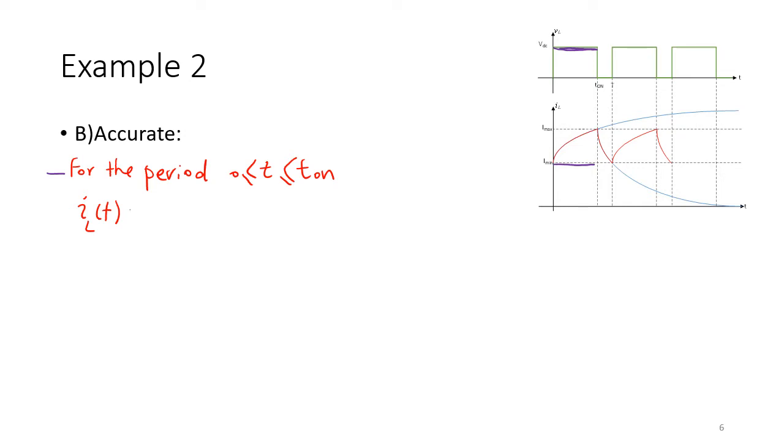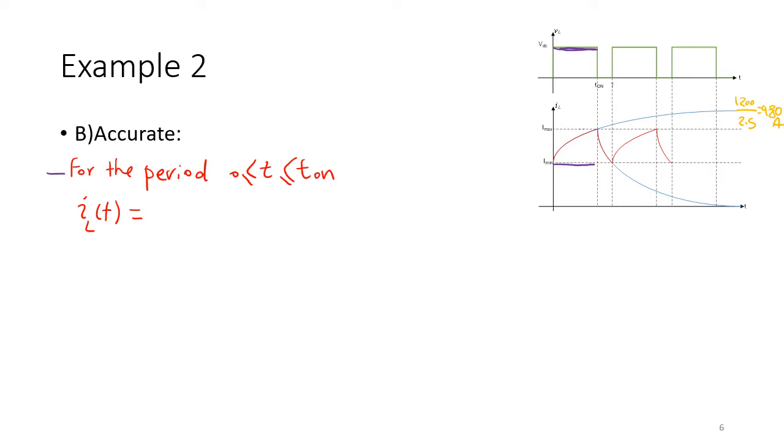The formula for the RL circuit, I hope you remember, but simply it starts with the final value. We said this final value is the voltage of the source over the resistance. It's 480 ampere.